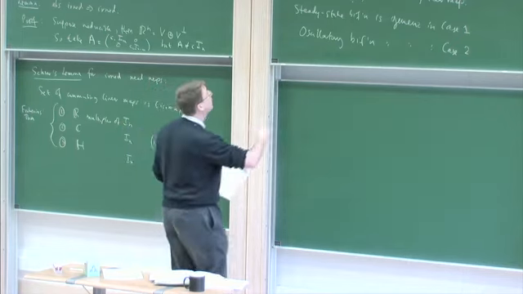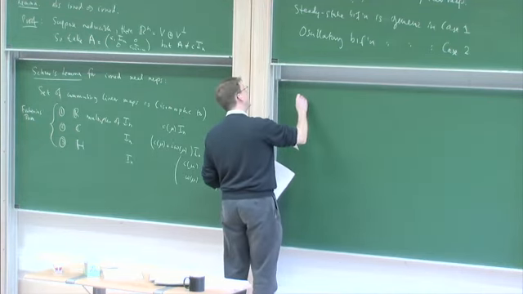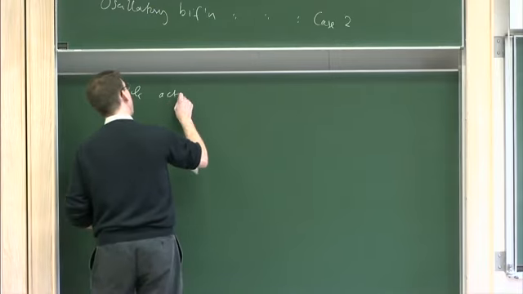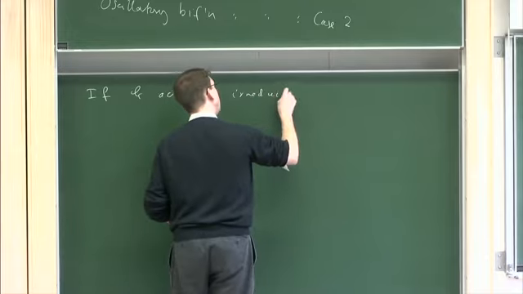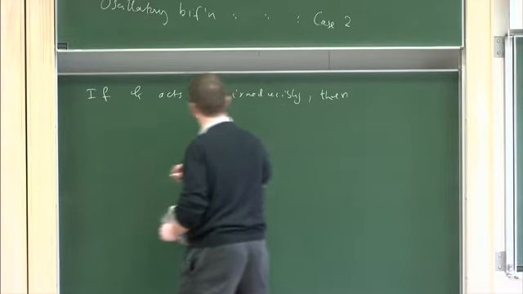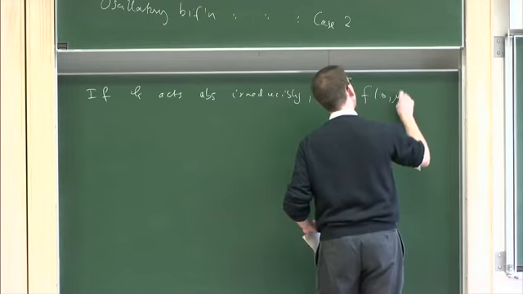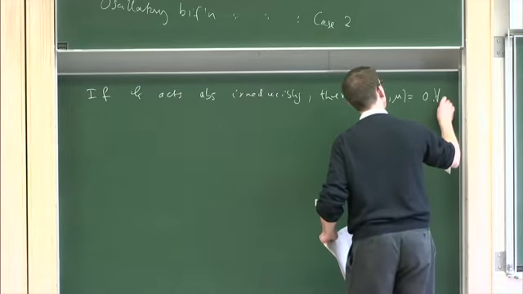There's one other remark that's probably worth making now. If G acts absolutely irreducibly, then f of 0, mu is 0 for all mu.